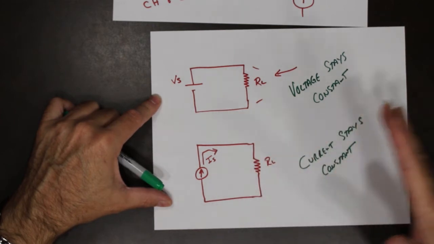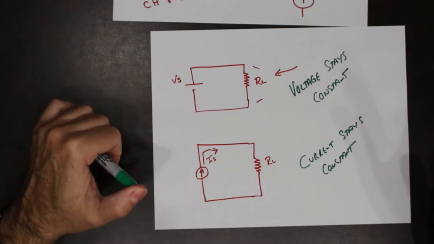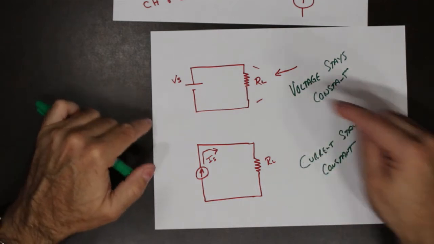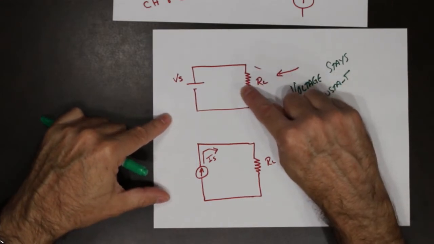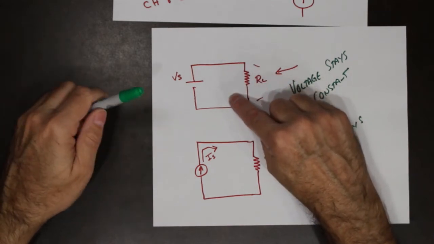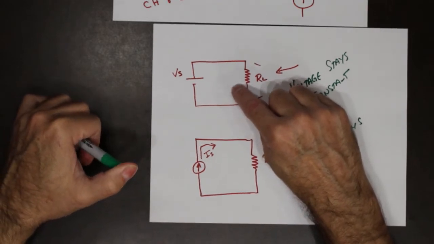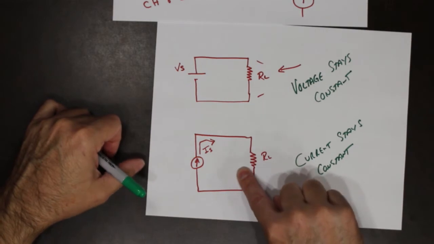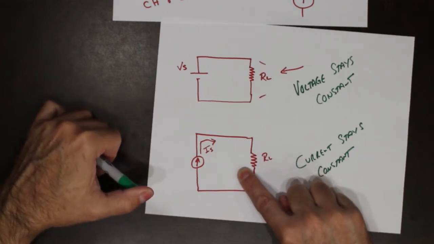And moving forward in our course, we're going to look at some theorems that are based around these two things. This one is the basis for what's known as Thevenin's equivalent circuit theory. This one is the basis for Norton's equivalent theory.